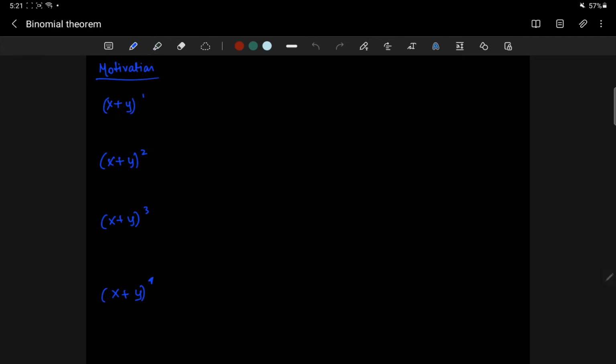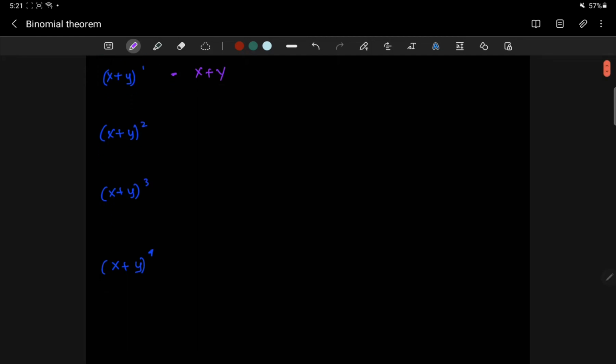So here's what we're going to look at. We're going to look at what happens when you have a sum of two things raised to some power. If you have x plus y raised to power 1, then that is simply x plus y. If you have x plus y raised to power 2, then that becomes x plus y times x plus y, right?